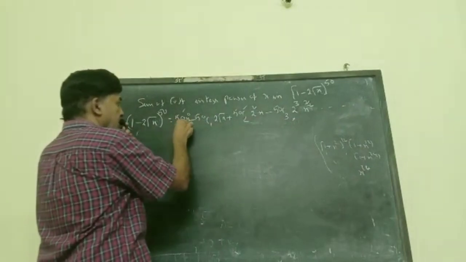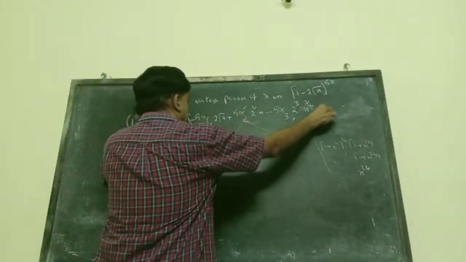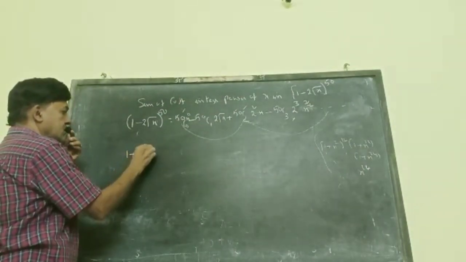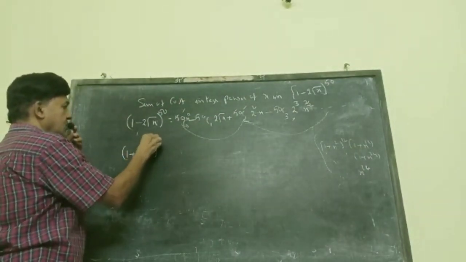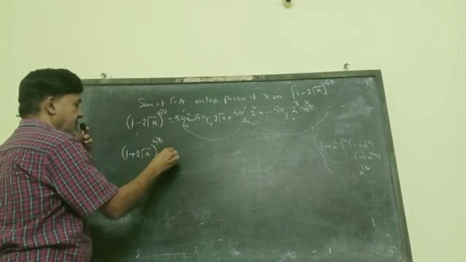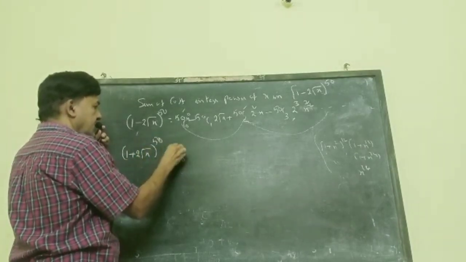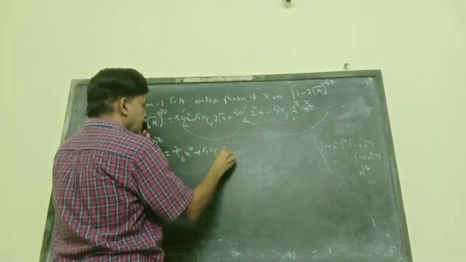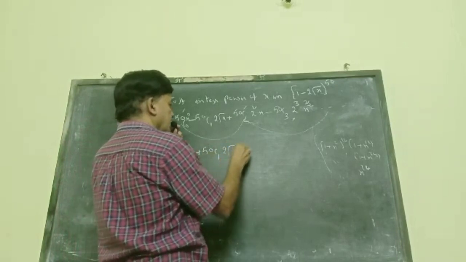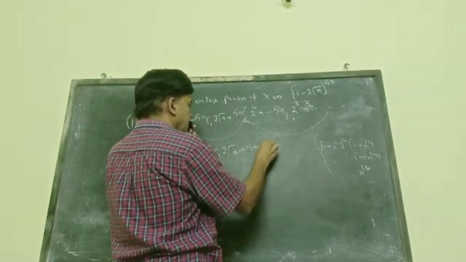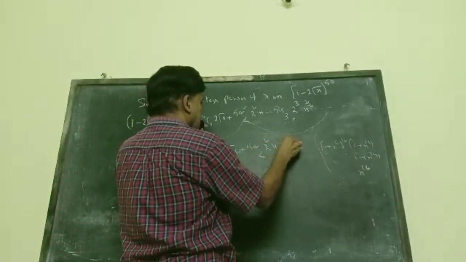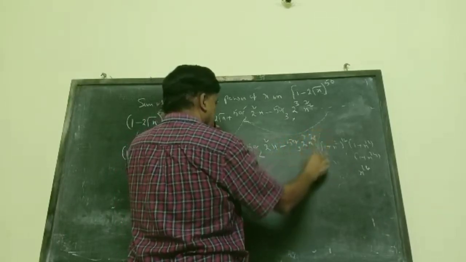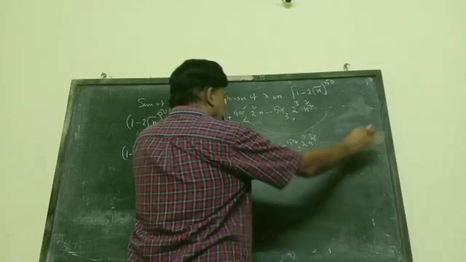So to calculate the sum of all these things, you consider (1 plus 2 root x) whole to the power of 50. This is 50C0 x power 0 plus 50C1 into 2 root x plus 50C2 into 2 square x, 50C3 2 cube x power 3 by 2, etc. you are going to get.